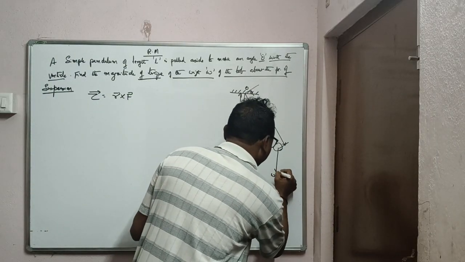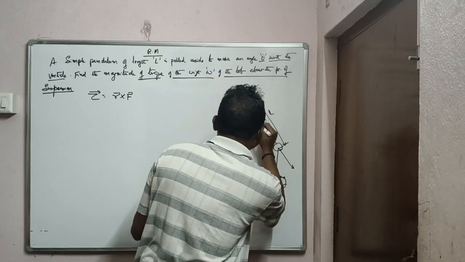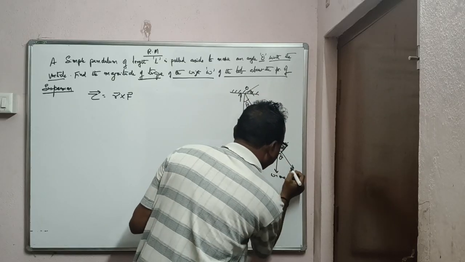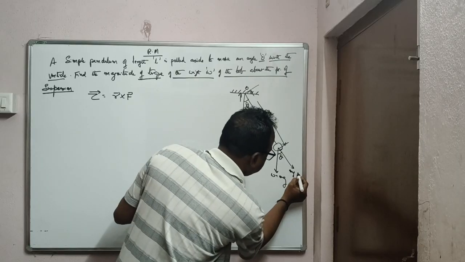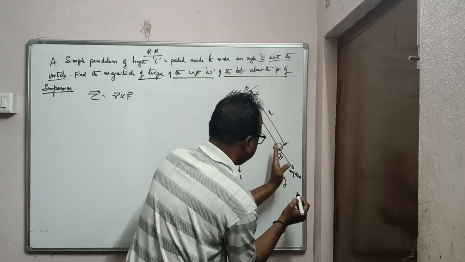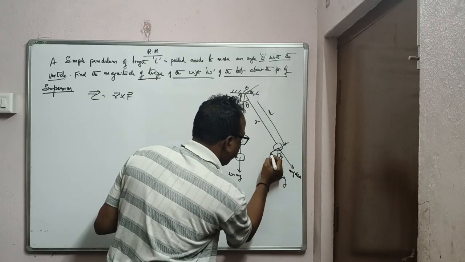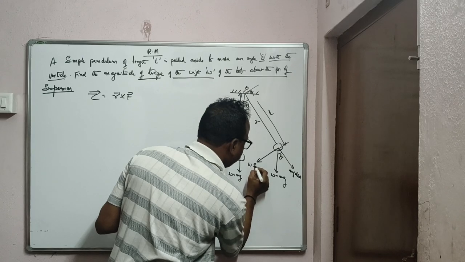So the weight has two components. If this is angle theta, the component along the axis is mg cos theta, adjacent over hypotenuse. And the perpendicular component is mg sin theta, that is W sin theta.